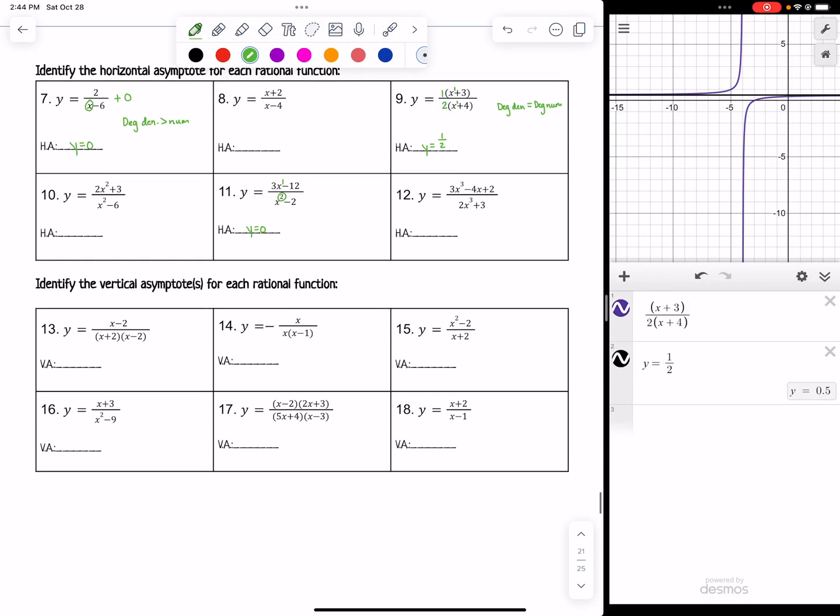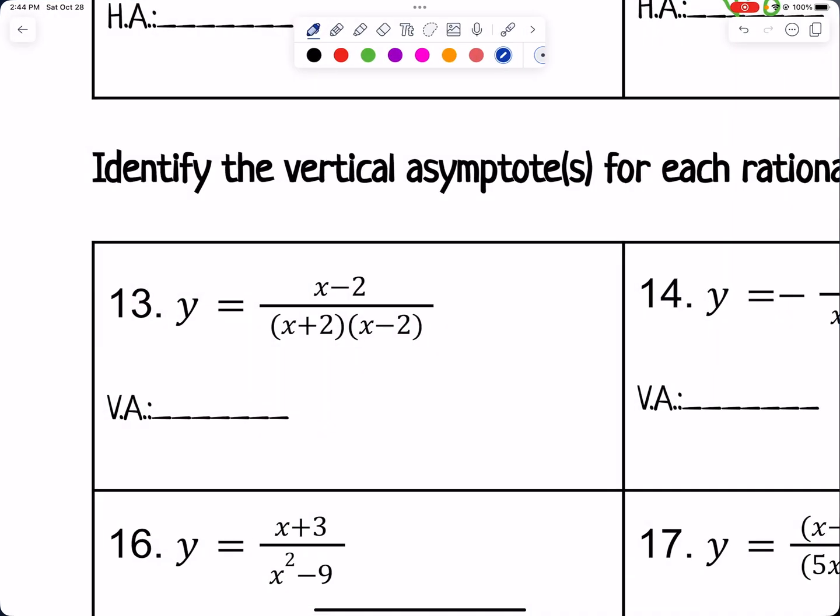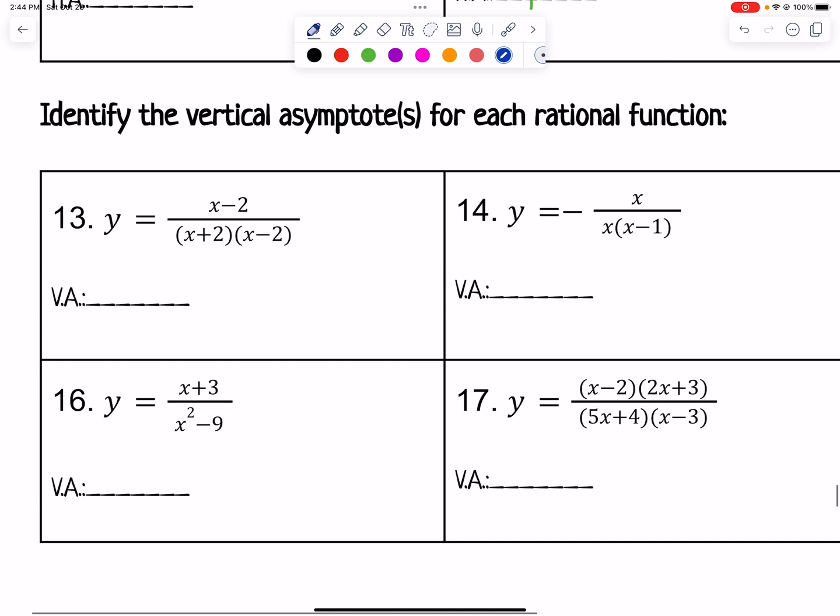Now let's look at the vertical asymptotes. So on these, you want to also make sure that you cancel out any holes in the graph like we've been talking about. So in this case, on number 13, I have a hole that would occur at x equals 2 because x minus 2 would cancel out. So before I pick out a vertical asymptote, double check that you don't have any holes in the graph. So I had to simplify it a little bit first.